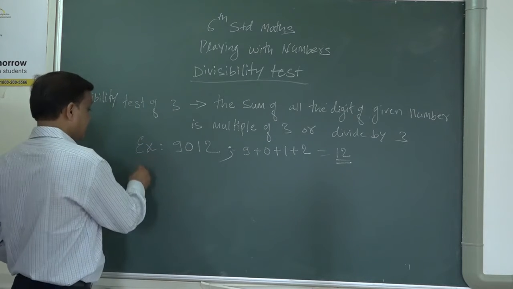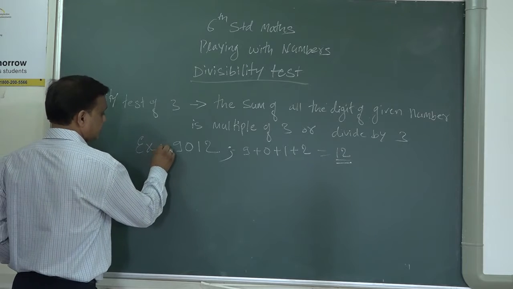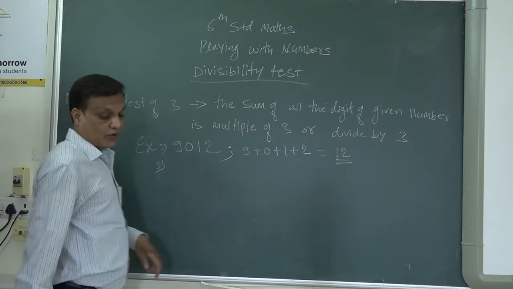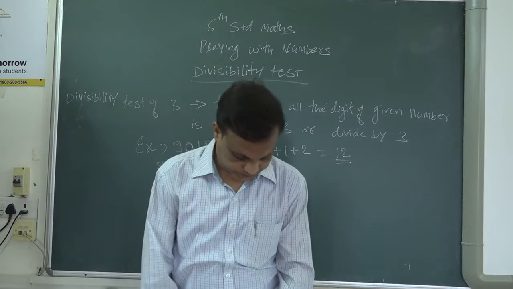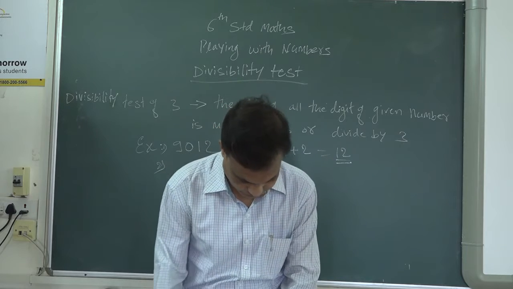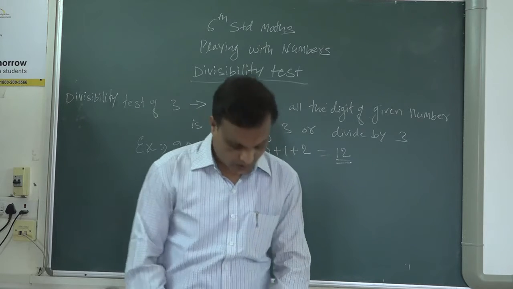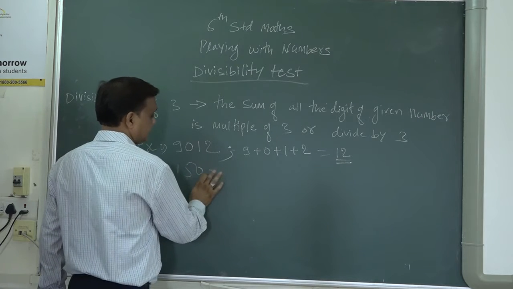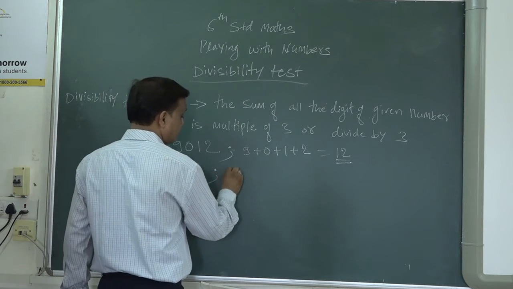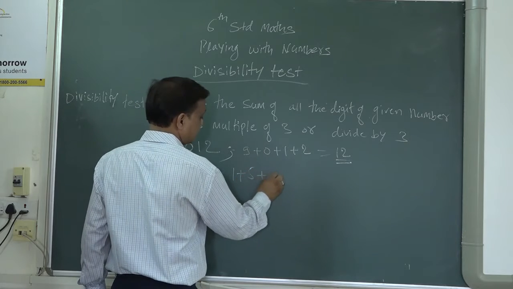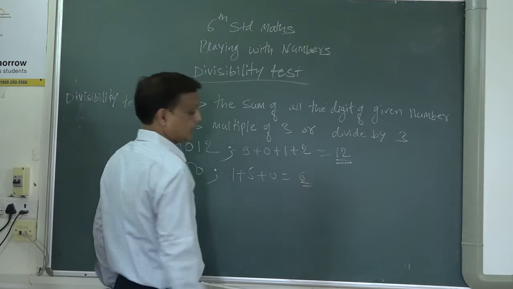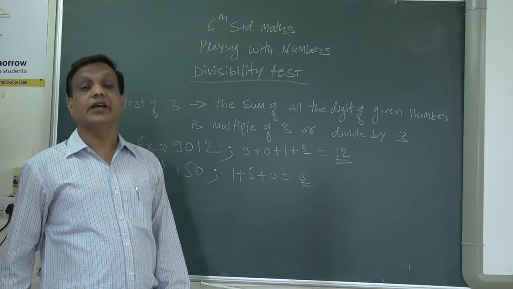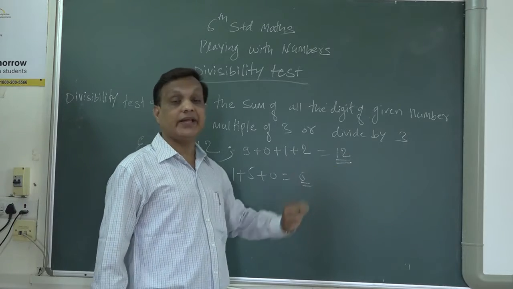One more example we will take. 150. What is the sum of the digits of 150? 1 plus 5 plus 0 is 6. 6 is a multiple of 3 and also 6 is divided by 3.